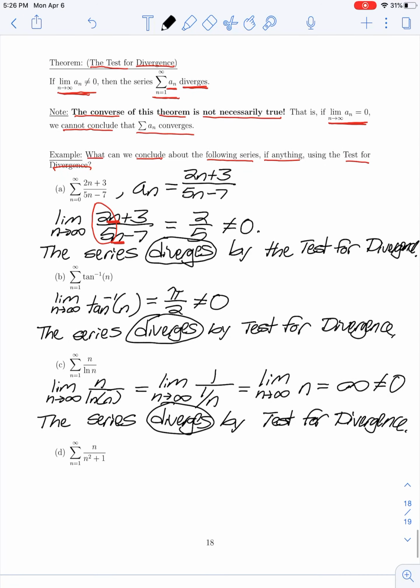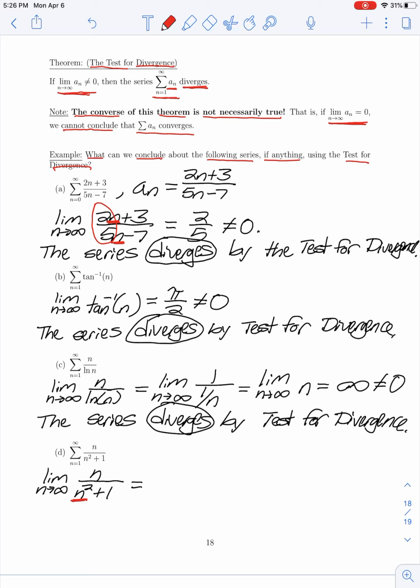And in our last example, part D, we have the sum from 1 to infinity of n over n squared plus 1. If we take the limit of this general term as n gets large, we have the infinite limit of a rational function where the highest power of n is in the denominator.